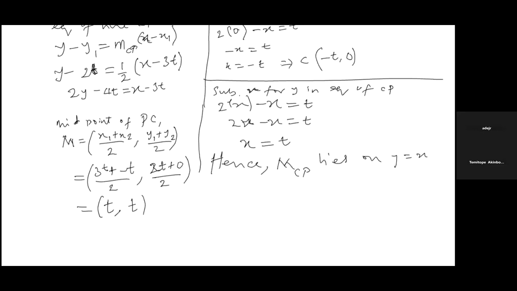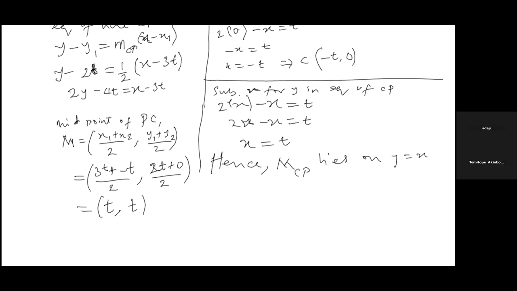So since we are able to show that the midpoint is t, t, irrespective of what t is. If t is 1, that means the midpoint will be 1, 1. If t is 2, it means that the midpoint will be 2, 2. And of course, that is what you have if y is equal to x. As x is increasing in value, y will be increasing in value.